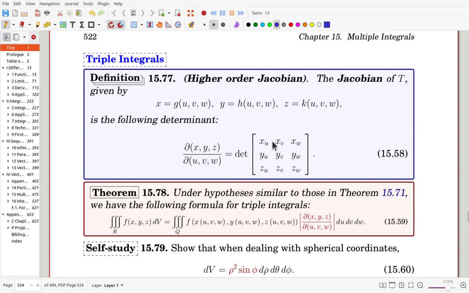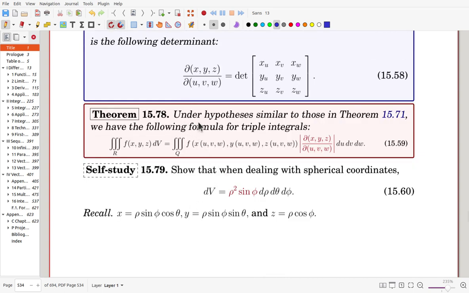The determinant of the x derivatives with respect to u, v, w, and for y, we have also the u, v, w derivatives, and for z, the u, v, w derivatives, and try to get the determinant. Of course, when we try to get the triple integral by the change of variables, we have to use the absolute value of the Jacobian.